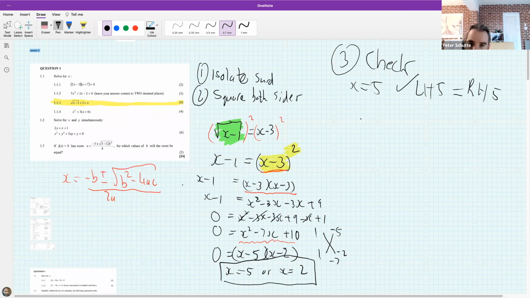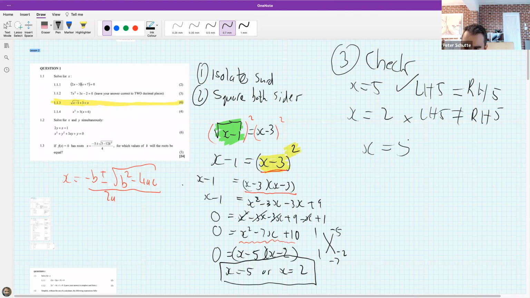That's good. x is 2. If I sub it into the original, 2 minus 1 is 1. Square root of 1 is 1. 1 plus 3 is 4. Does 4 equal 2? No. So the left-hand side does not equal the right-hand side, and so we reject that.